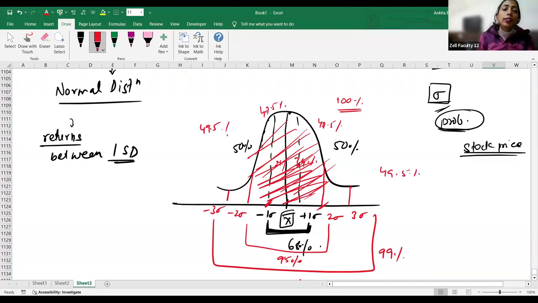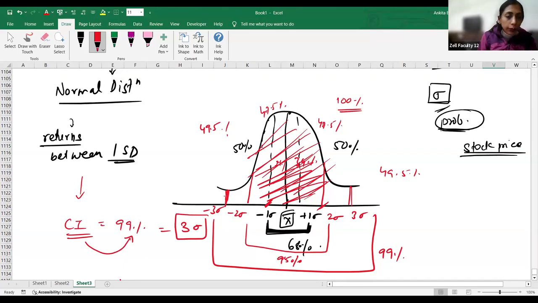The deviations that we are calculating here are known as confidence intervals. I am 99% sure, I have a confidence interval of 99%, that the values would be within 3 standard deviations of the mean.